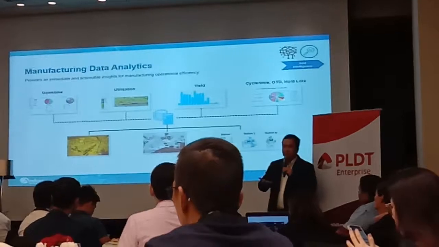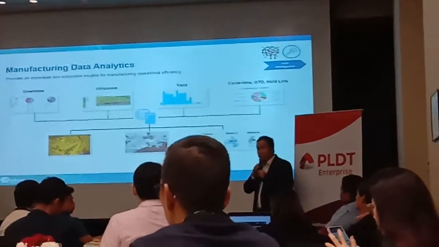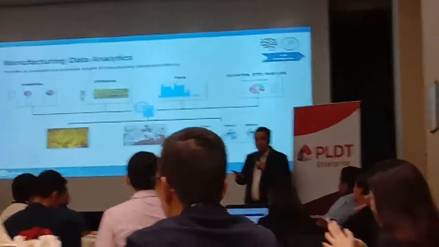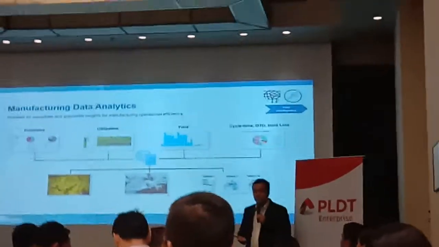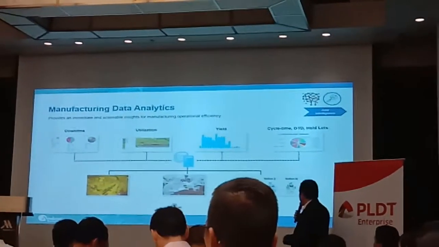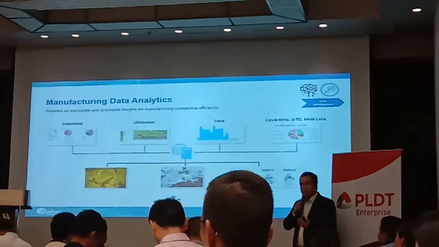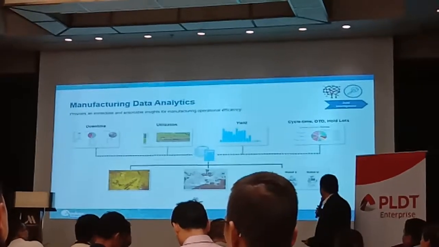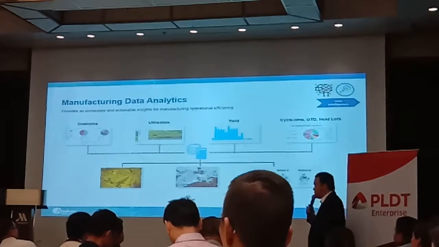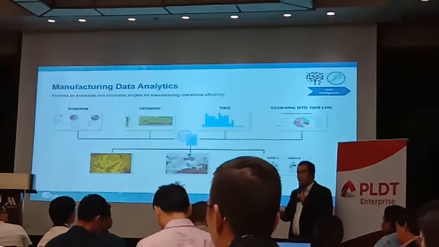What is the downtime? What is the problem? The utilization, if the equipment is utilized, taking note our equipment is very expensive, so every second counts. We also look at the defects or the yield, making sure that we are producing quality products. And we also measure our on-time delivery so that once we commit to our customers, we deliver on time.